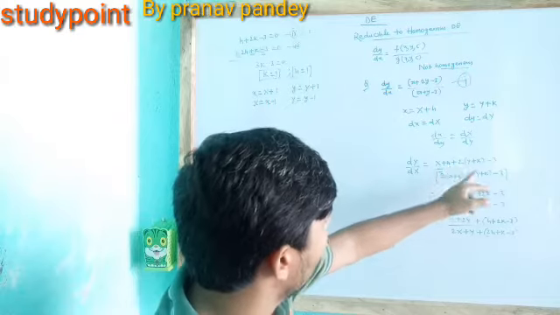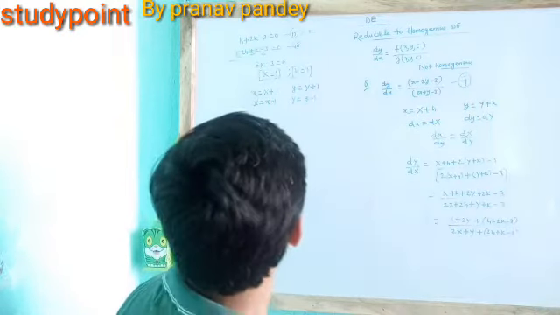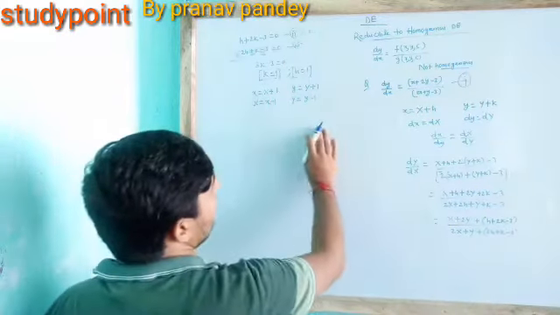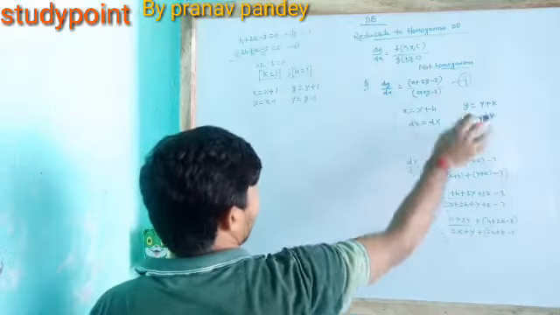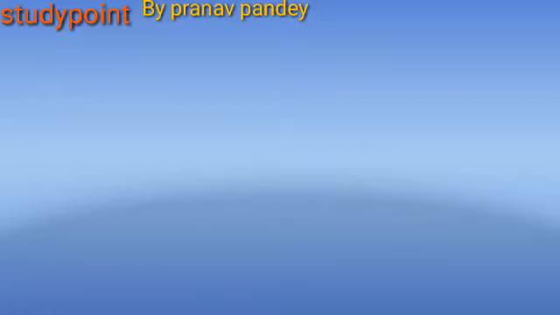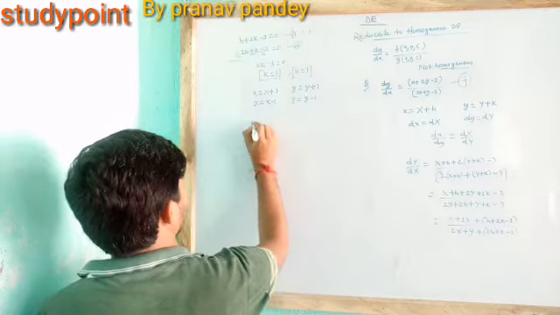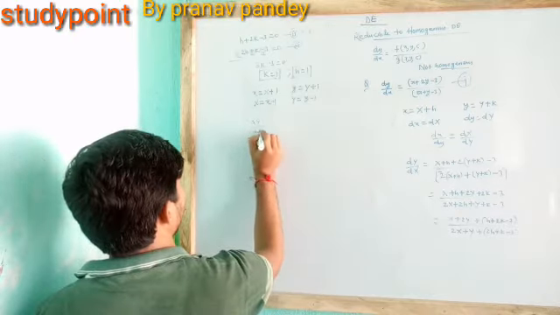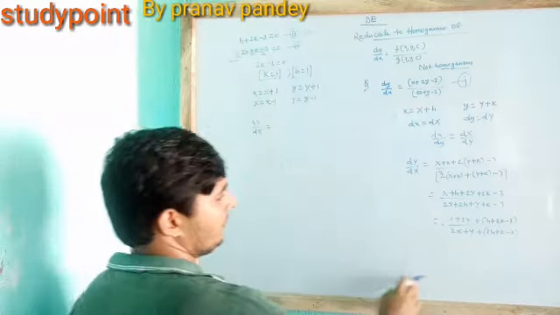So what will we do? Now I put all the values in the equation, and we can write capital dY by dX is equal to what?